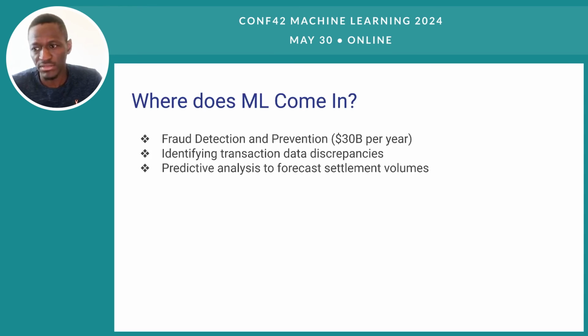Next is predictive analysis, right? If you're a global issuer, meaning your cards, which is actually the case for most issuers or most banks, if you really want to thrive in this day and age, your cards will be used internationally.